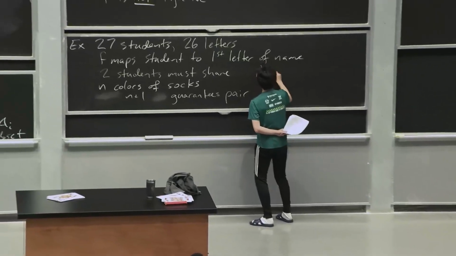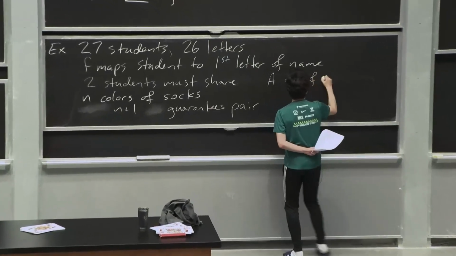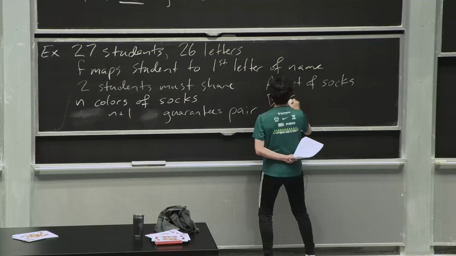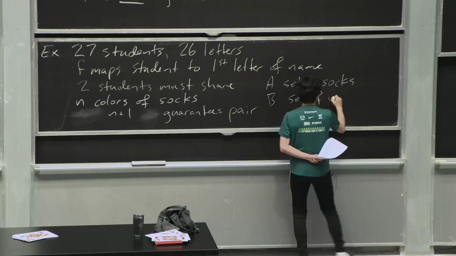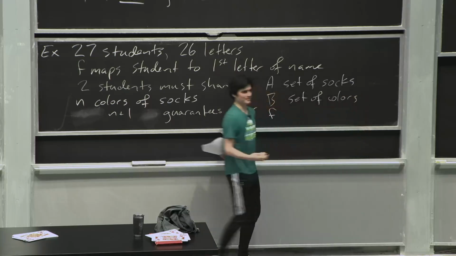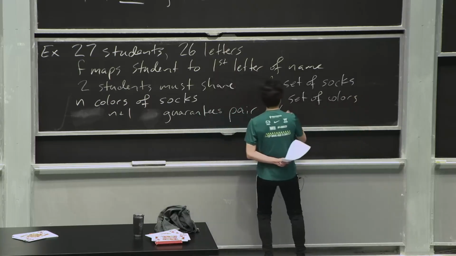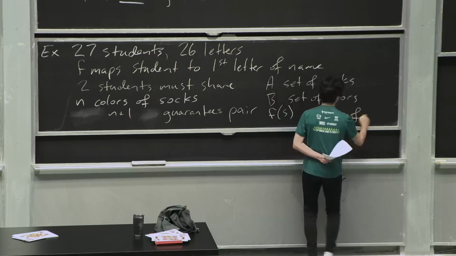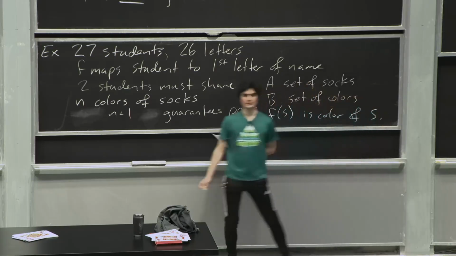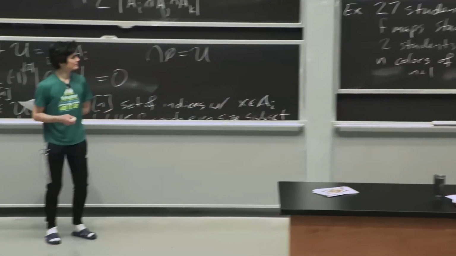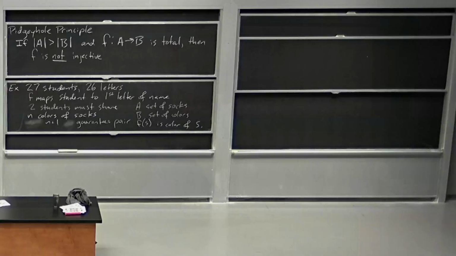So A is the set of socks, and B is a set of colors. And the map is going to map the sock to its color. Okay? Does that make sense to everybody? Okay.